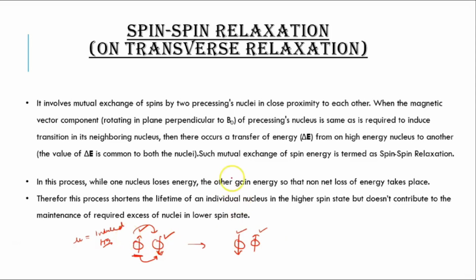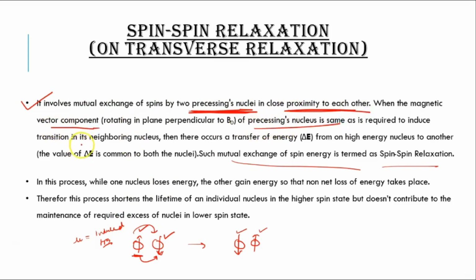The mutual exchange of spin energy is occurring over here, which is why the term spin-spin relaxation is used for this particular case. So it involves a mutual exchange of spin by 2 processing nuclei, as you have seen, in close proximity to each other, when their magnetic vector component is the same as required to induce transition in its neighboring nucleus. मतलब क्या है यहाँ पे कि दोनों का magnetic vector component अगर same है, ठीक है, to induce transition, then in that case आपका mutual exchange of spin energy हो जाएगा, और उसको आप बोलोगे spin-spin relaxation.